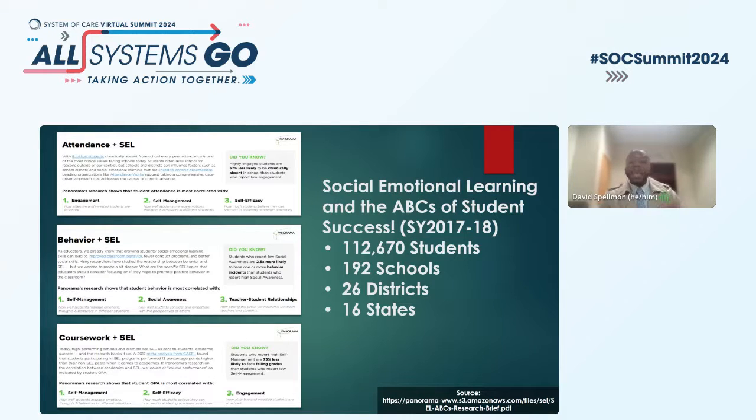So if we can enhance and build upon those social and emotional learning skills, man, we will just change the trajectory of their lives. But the thing I want to focus on with these three images right here on attendance, that first key indicator is engagement. On behavior, the third one is teacher-student relationships. In my mind, that's still engagement. And then on that last one for coursework, number 3 also is engagement.